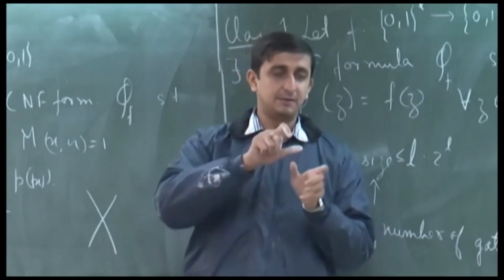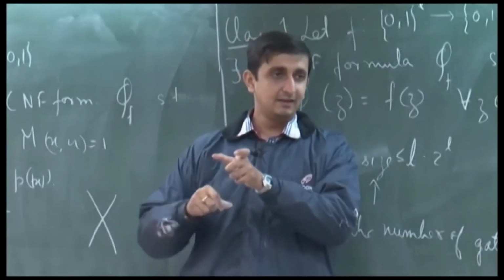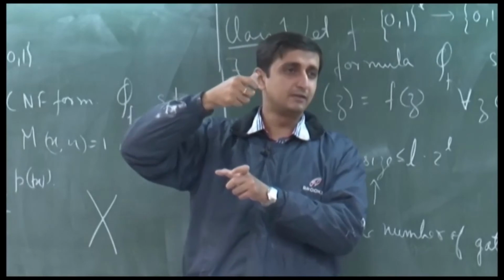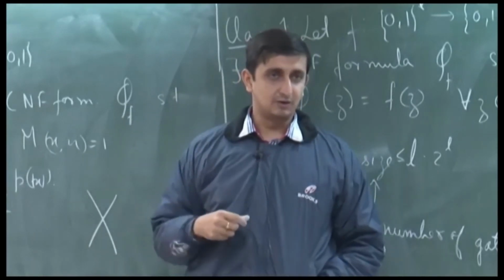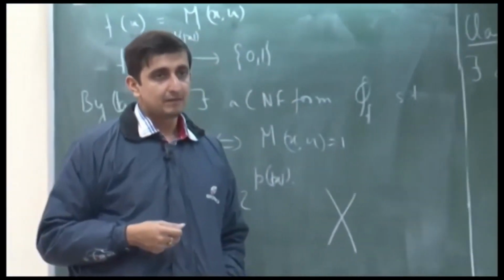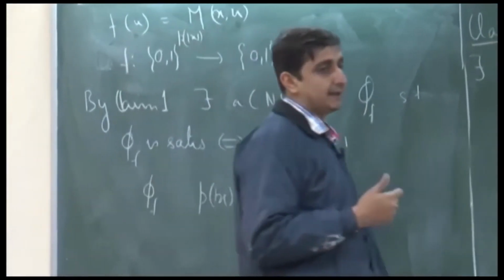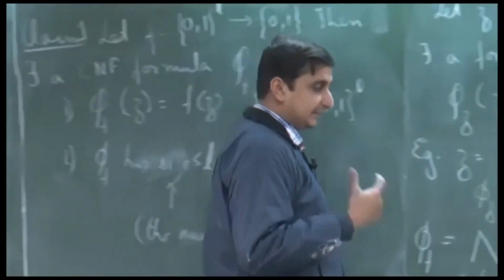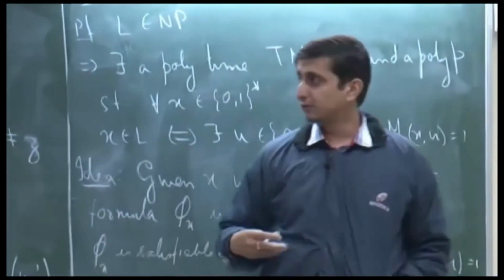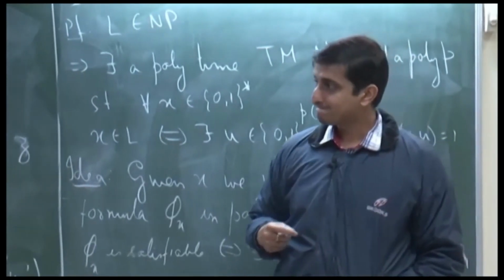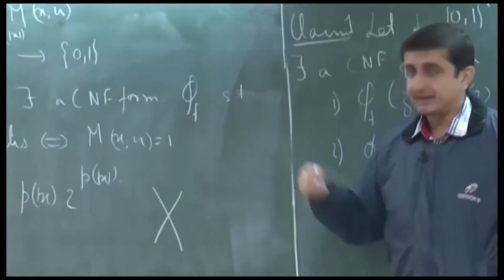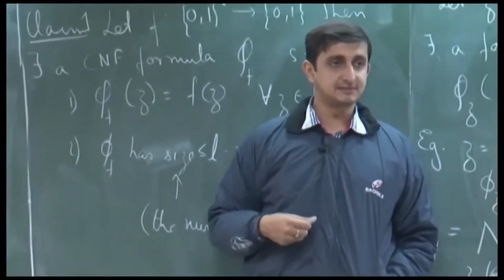Okay. So, it will go maybe from one state to another state, and it will probably replace one bit with some other bit, and so on. So, we are just assuming that we have a 2 tape Turing machine. So, there is only a constant change that is happening. So, these 2 facts somehow need to be used, and to come up with a CNF formula which has polynomial size.